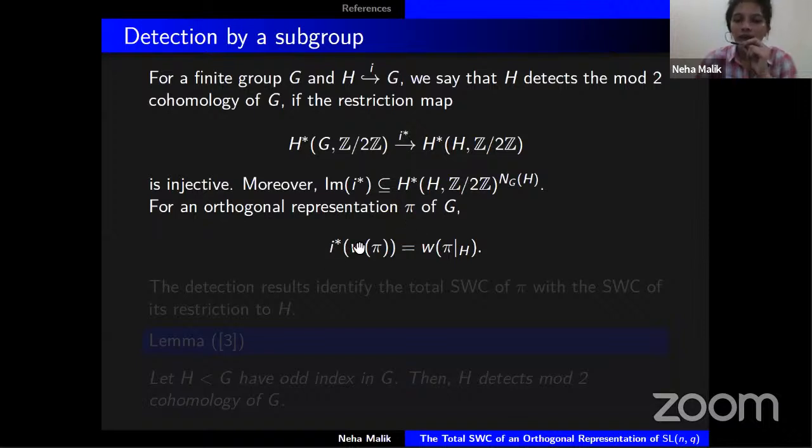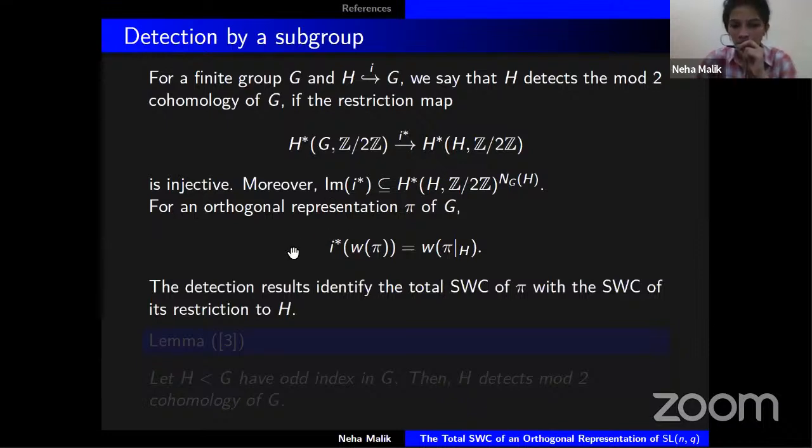Now, if i star is injective, which is due to some detection result, then we can express the total Stiefel-Whitney class of pi in terms of the Stiefel-Whitney class of its restriction to H. If H turns out to be some nice subgroup, for example a cyclic group, and we know a lot in the case of cyclic groups, then we can make use of that. In our case, we have done it for the special linear group.